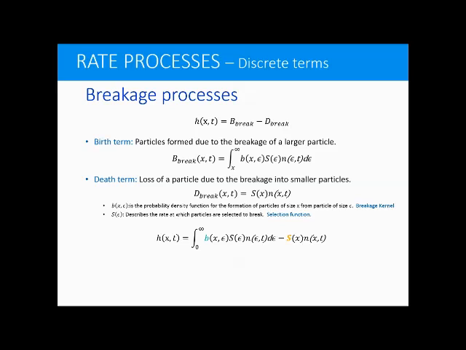Then, as I mentioned before, we have the b function, the fragment distribution function, and then the selection function. The breakage kernel is then the general term that's used to describe this behavior.